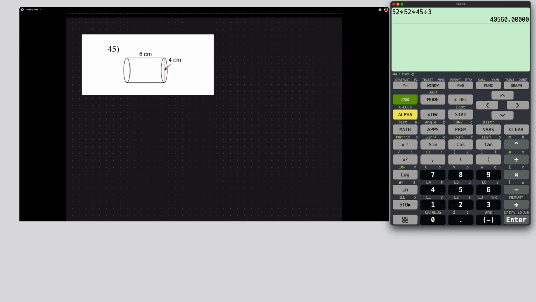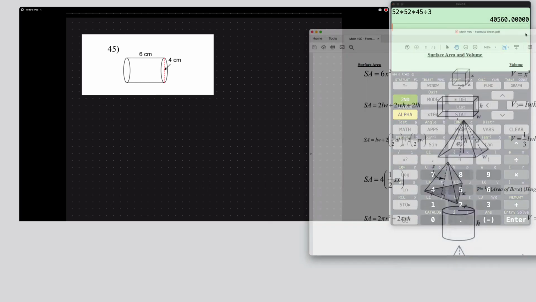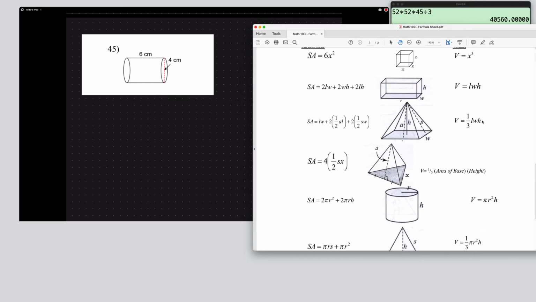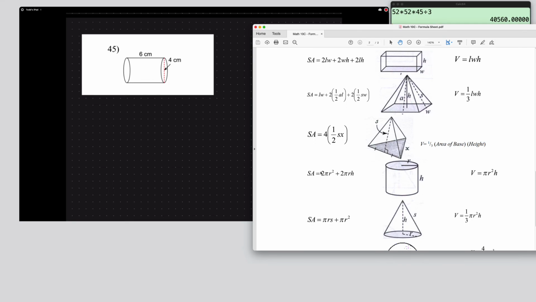Okay, last question. We are going to solve the, what does it say to solve there? Round to the nearest tenth and solve the surface area and the volume, and this is a cylinder. Okay, so we need to take a look at our formula sheet here again, and there is the cylinder, and there's the surface area, and there's the volume.